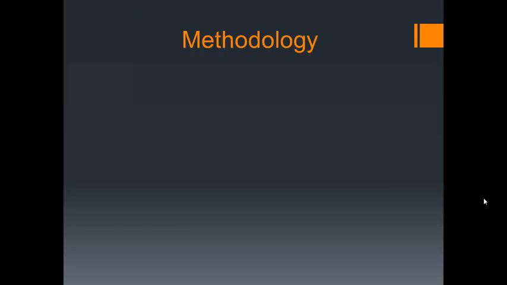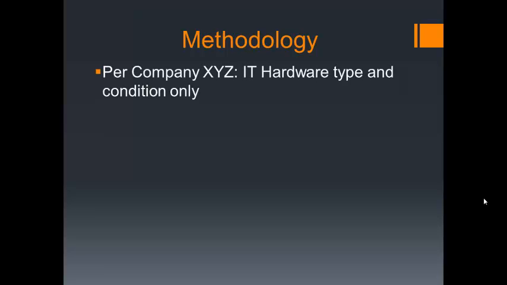In this research study, the methodology was split into two parts. Before I was able to begin research, a key to this study was a restriction placed by Company XYZ. In order to protect company confidential information, only the IT hardware type and condition of equipment could be disclosed.